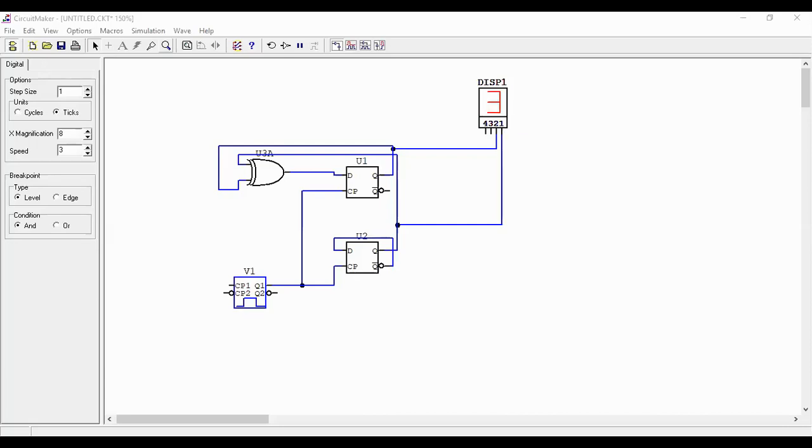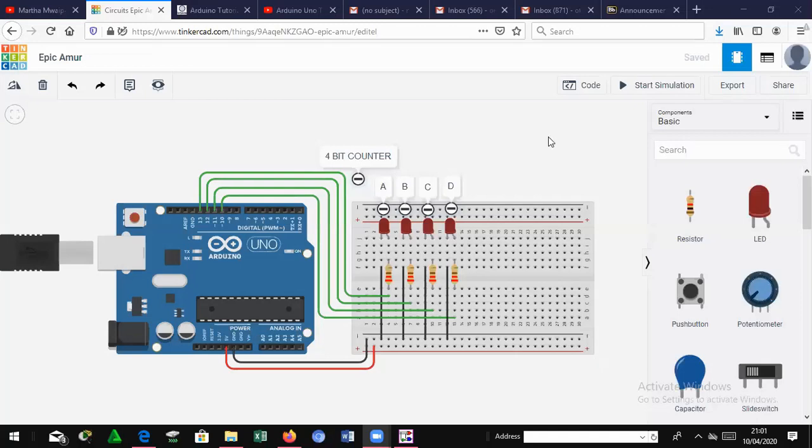Though the one in Tinkercad I've done is a 4-bit one, not a 2-bit, I think you'll be able to see the counting process. So I'm sharing that screen now. This one I've done, the one which you can count up to 15.